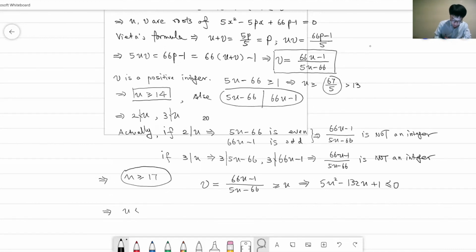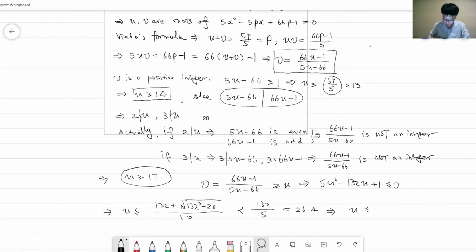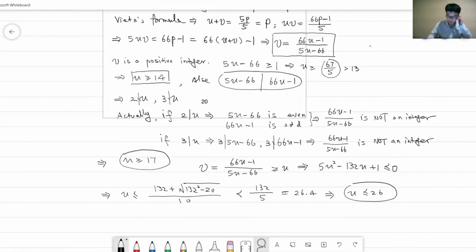So u is less equal to (132 plus root of 132 squared minus 20) over 10. This number is less than 132 over 5, which is like 26.4. Okay, so u is less than 26.4. So that means u is less equal to 26.